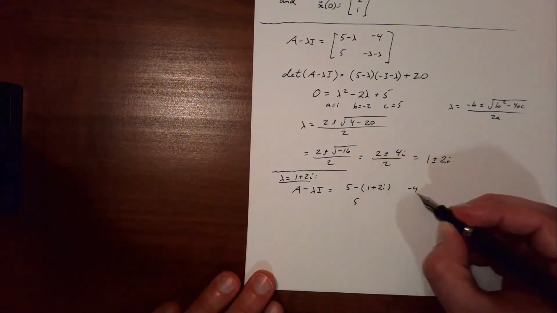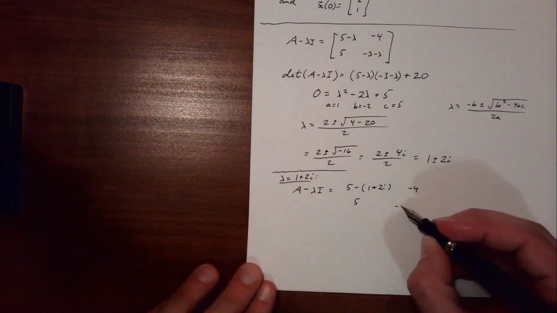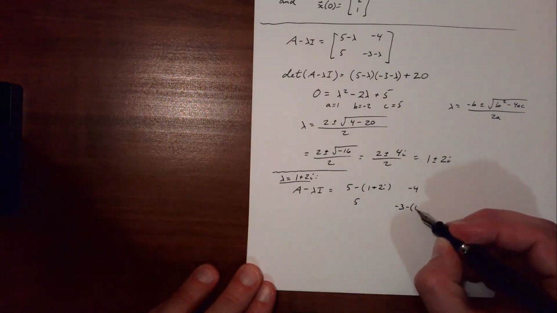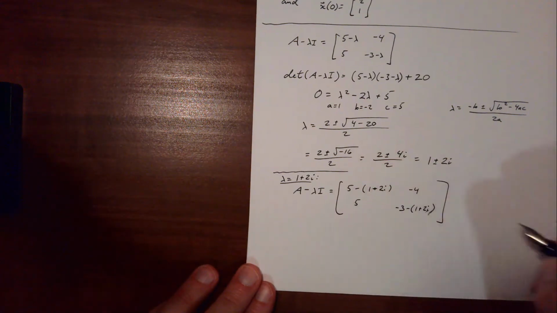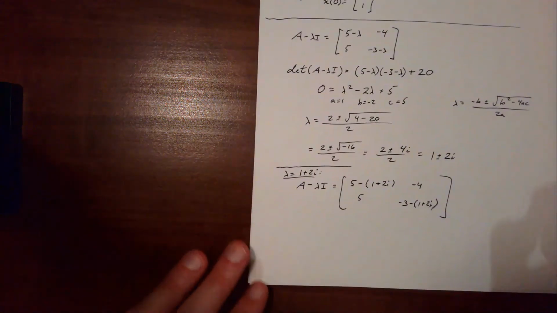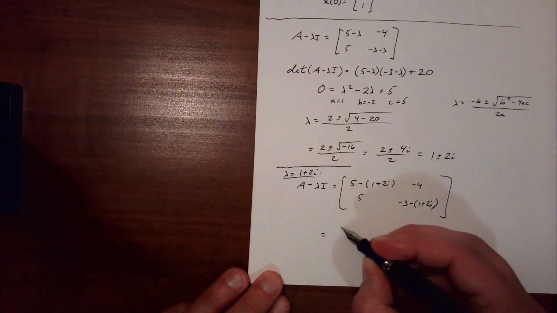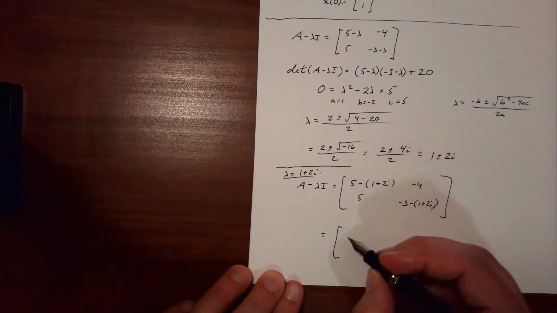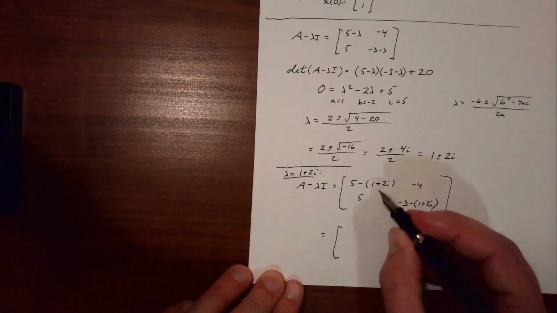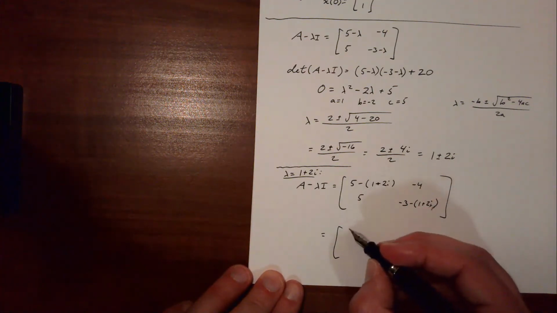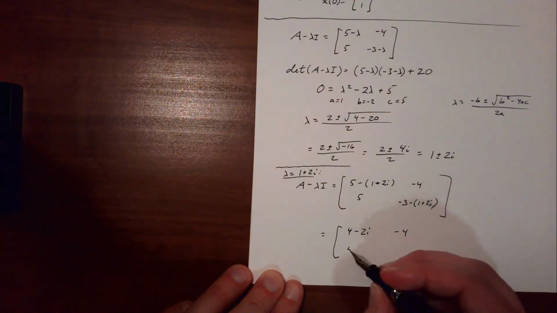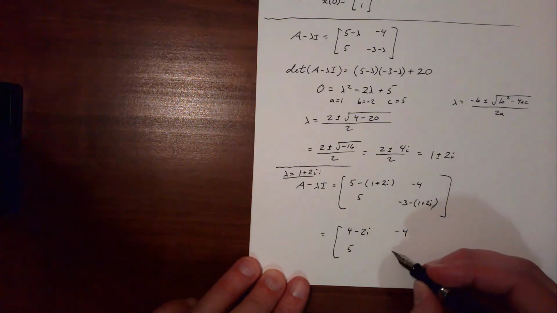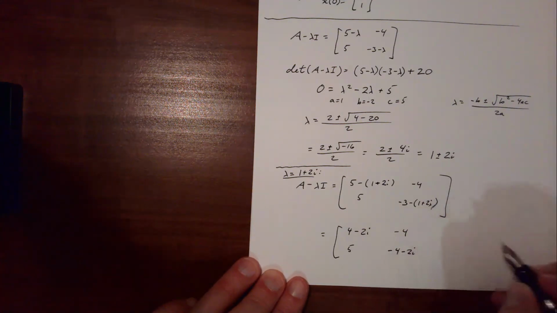So 5, -4, 5, -3 minus (1 plus 2i). And then what we're going to do here is have 5 minus (1 plus 2i), so that's going to be equal to 4 minus 2i, -4, 5, -4 minus 2i.